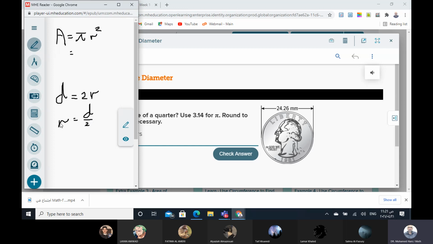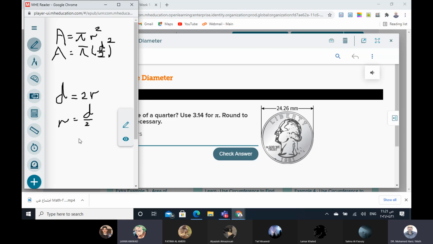So we can now substitute the value of r. You can write here pi times d over 2, squared. So you should put over 2 and squared.